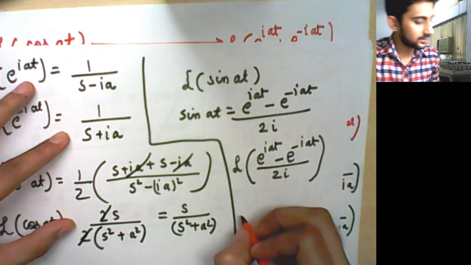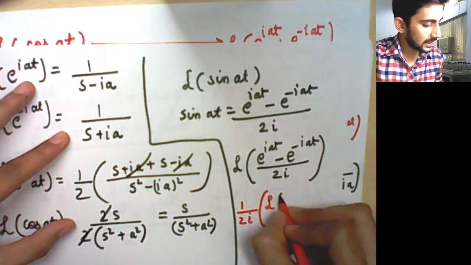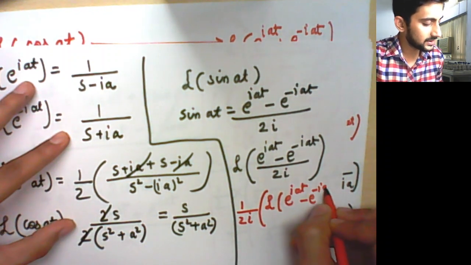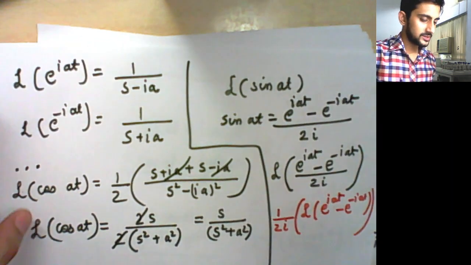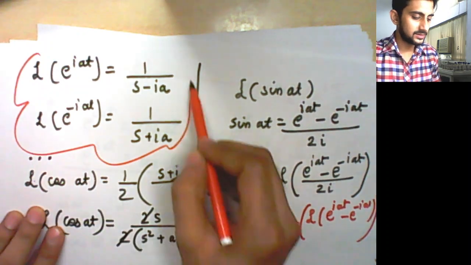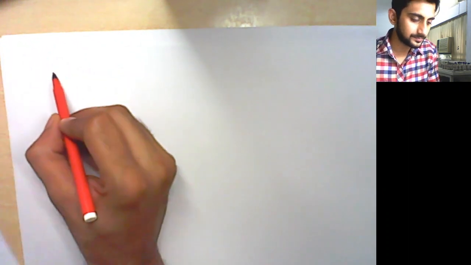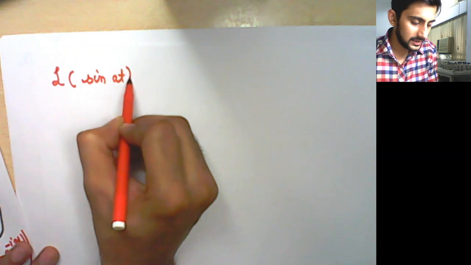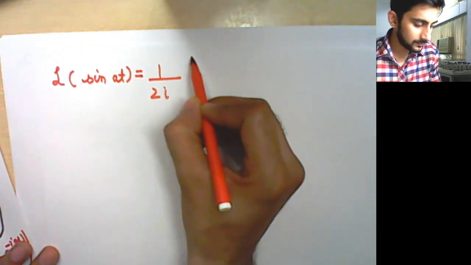So let me just take 2I common outside, and then you have to take Laplace transform of e to the power iota at minus e to the power minus iota at. Fine. You can just put in the values from this place over there. So let us do that. We have Laplace transform of sin at going to be equal to what? 1 upon 2I bracket.